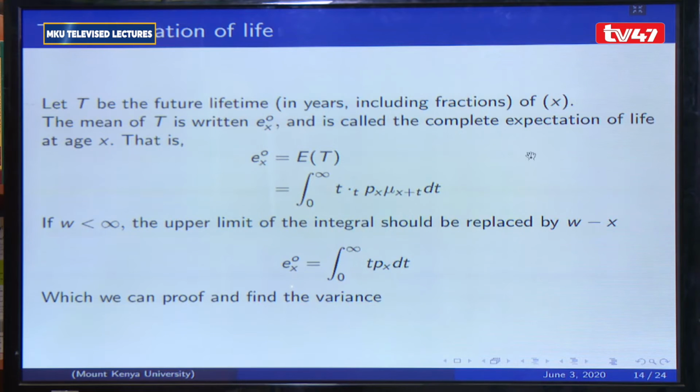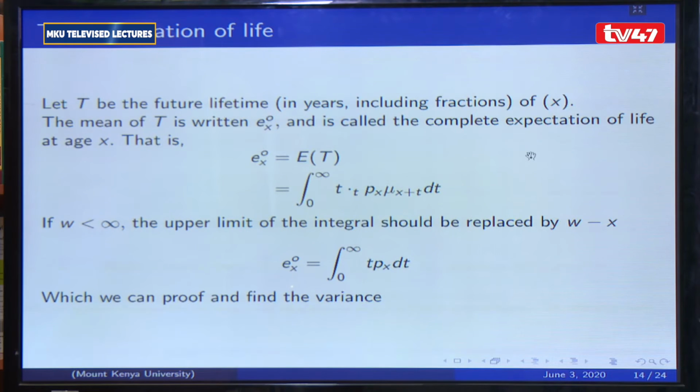Note that lives don't necessarily live whole years. So death may not necessarily occur when a given life is celebrating their birthday. So the number of years lived may not necessarily be a whole number. So we can have fractional years, and this takes into consideration that.